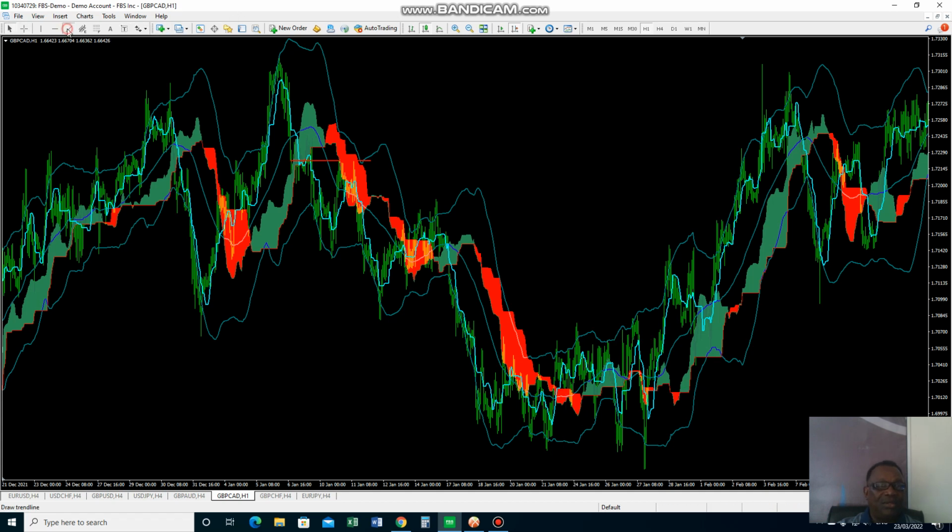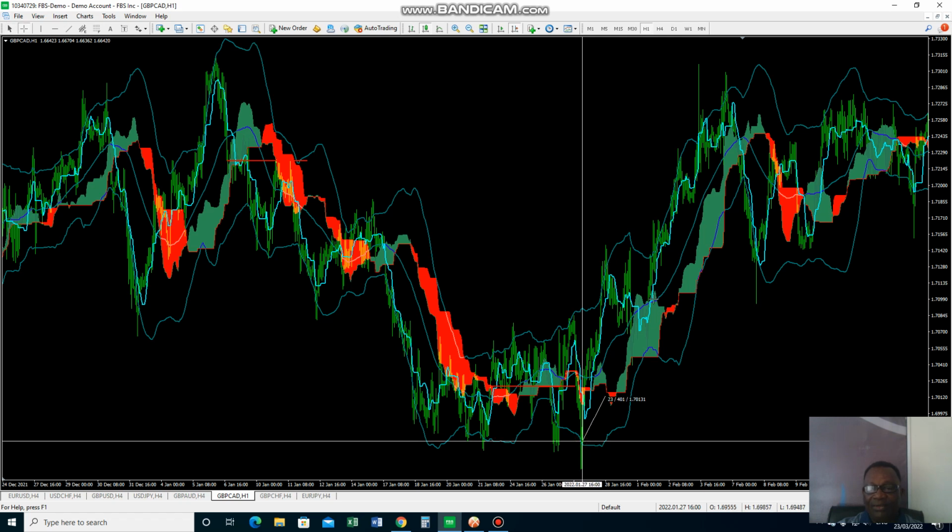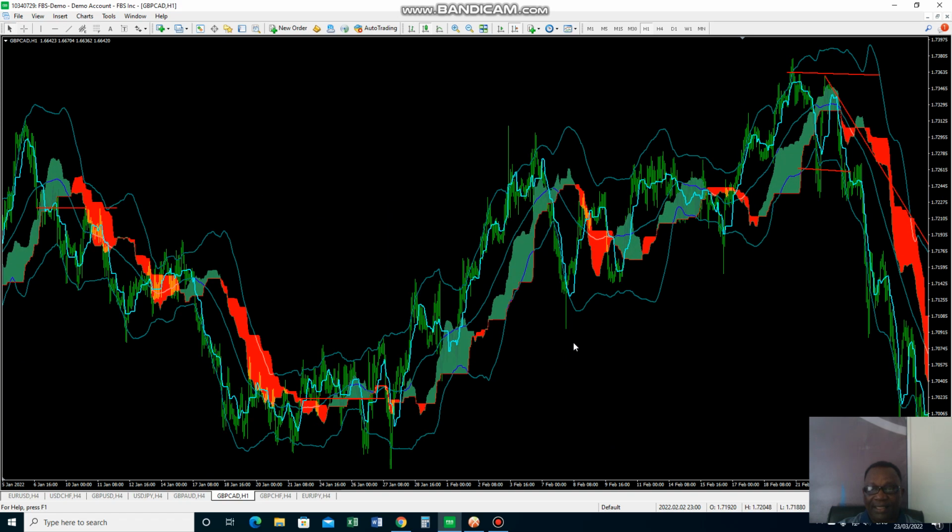So you can also use Ichimoku to determine where you take your buy and your sell. Now you could say, okay, why is the price down even when the green is here? Yes, the moment you see the green and the market is down, it's telling you that you can also take your buy from below once you are seeing the green.